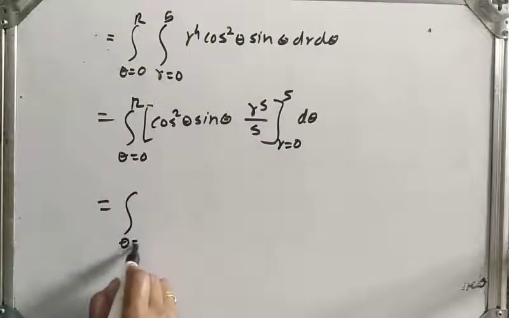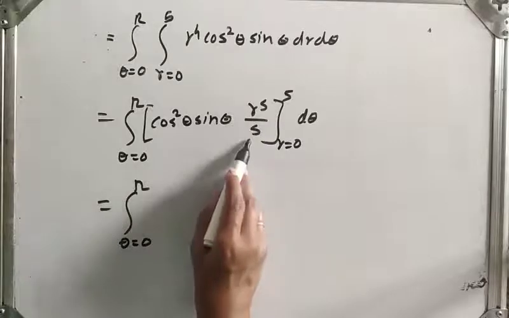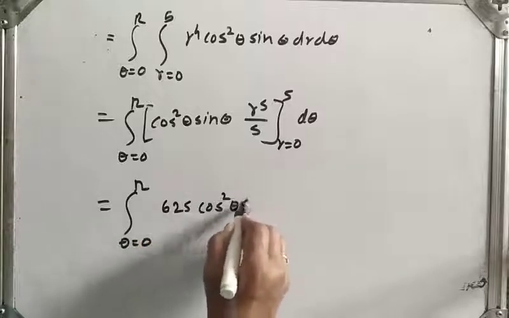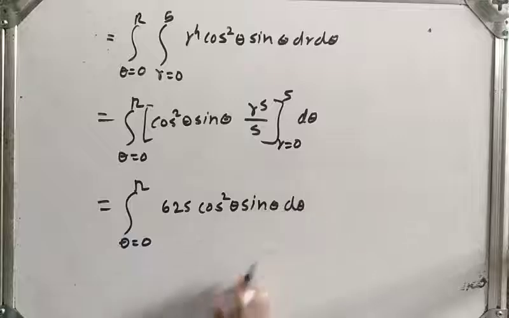Theta is equal to 0 to pi. r is 5 means 5 raised to 5 upon 5, that is 5 raised to 4, that is 625 cos square theta sin theta d theta.